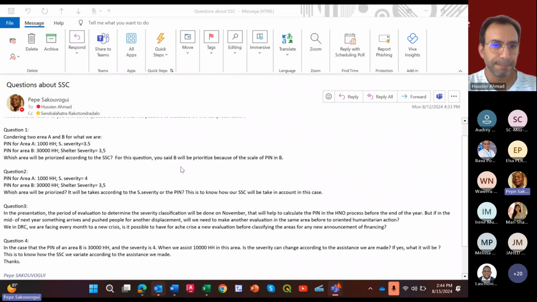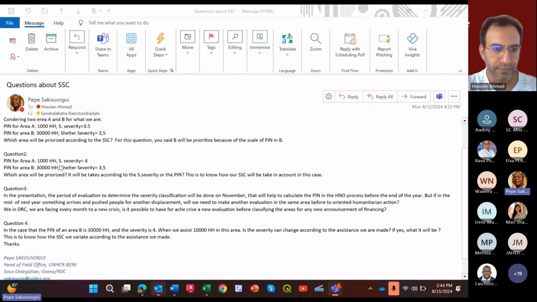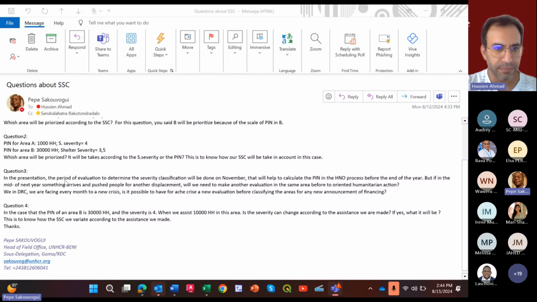And I sent three other questions because the time was very short. On the other hand, we can have area A with 1,000 households in the PiN, but area B with 30,000 households in the PiN, while the severity in area A is 4 and the severity in area B is 3.5.